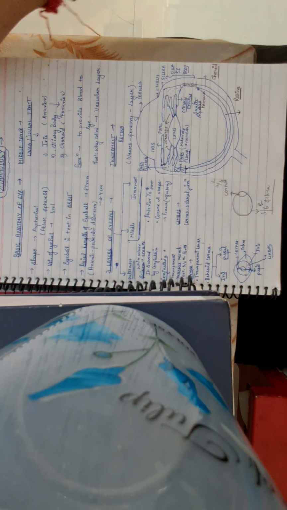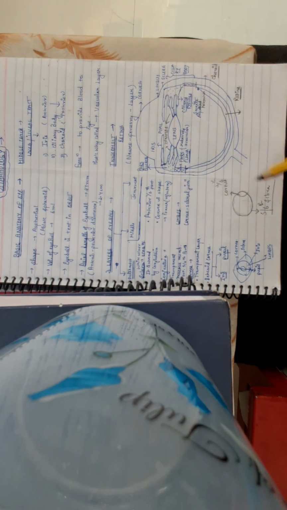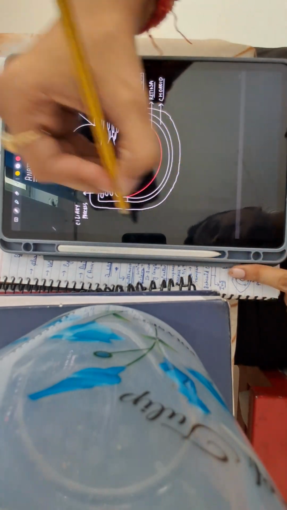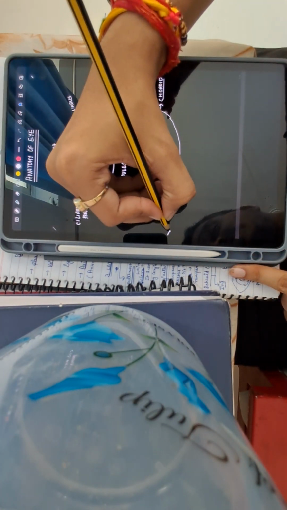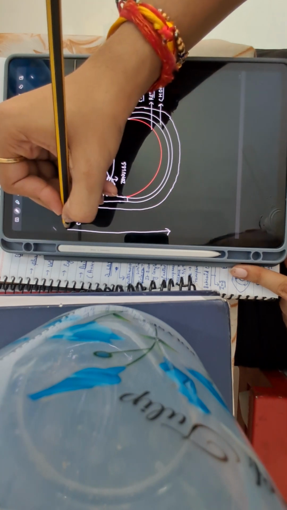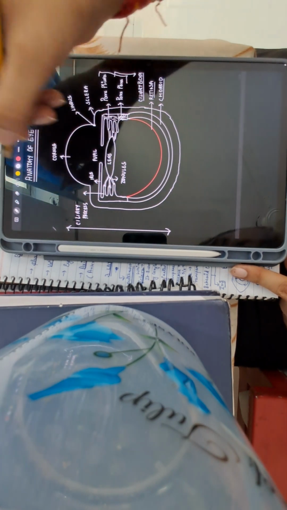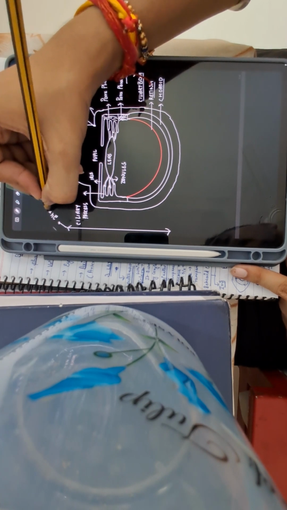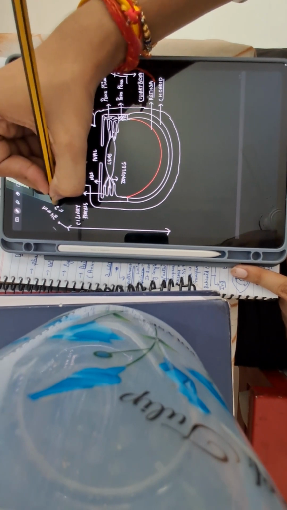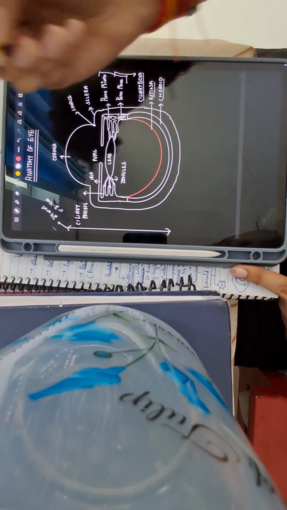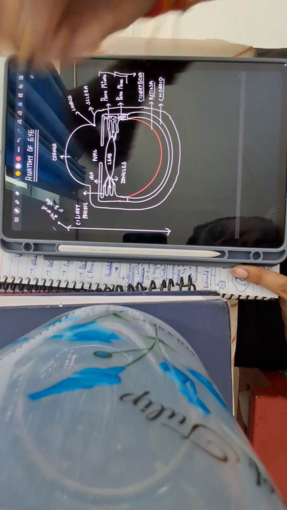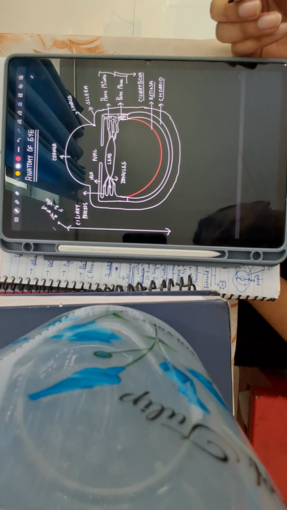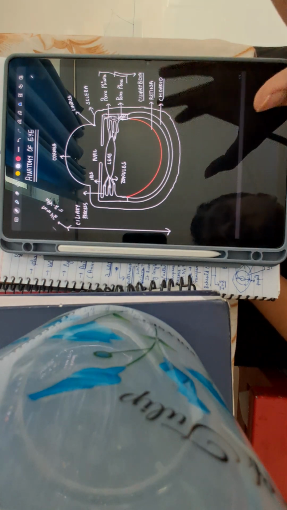The anterior posterior eyeball length, from this area to right over here, is 24 mm, or about 2.4 centimeters.